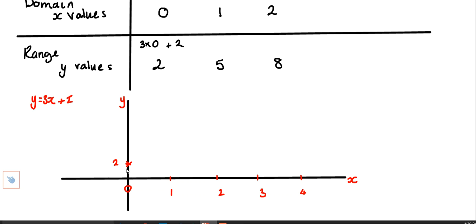The coordinate (0, 2) represents 0 goes in, 2 comes out. What does 1 pair with? 5. So 1 would pair with 5, 2 would pair with 8, and so on.